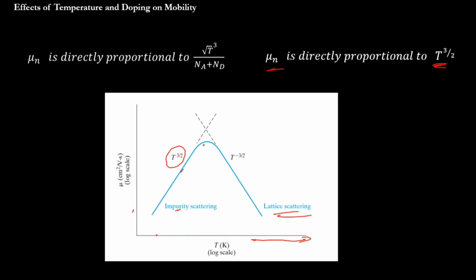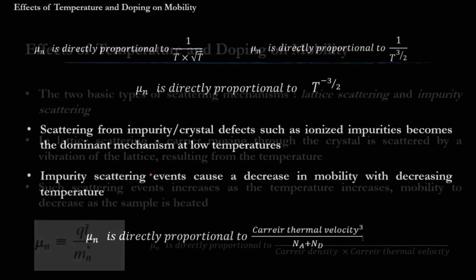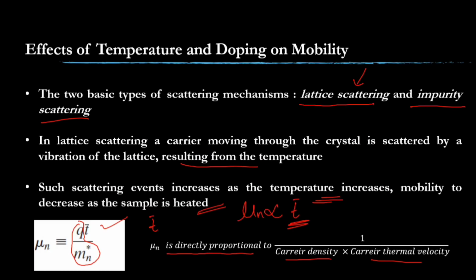After some time, the lattice scattering starts and the mobility is going to be reduced. And here also mobility is going to be reduced at low temperature. At low temperature, mobility is low. That's the effect of temperature and doping on mobility. Okay, thank you guys.